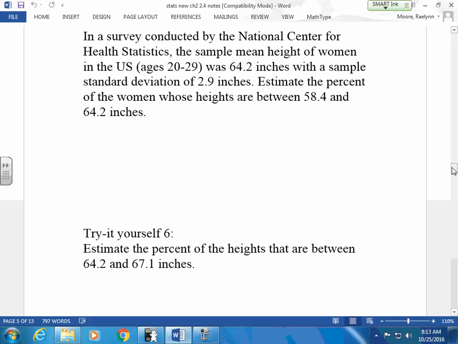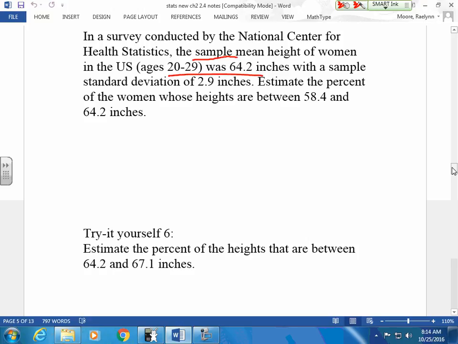All right. So if you look at example 6, let's try something. Maybe this will wake you up a little bit more. It says in a survey conducted by the National Center for Health Statistics, the sample mean height of women, and I want you to start pulling out your information.